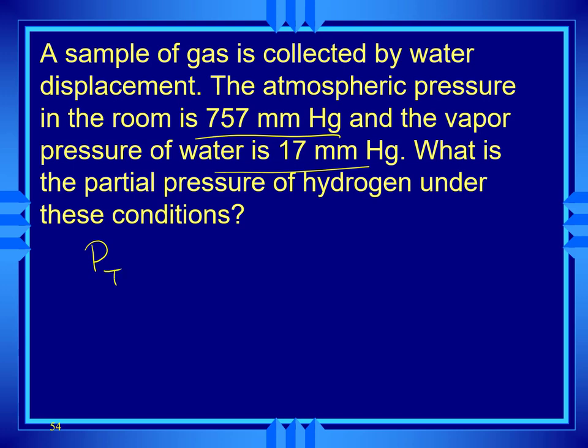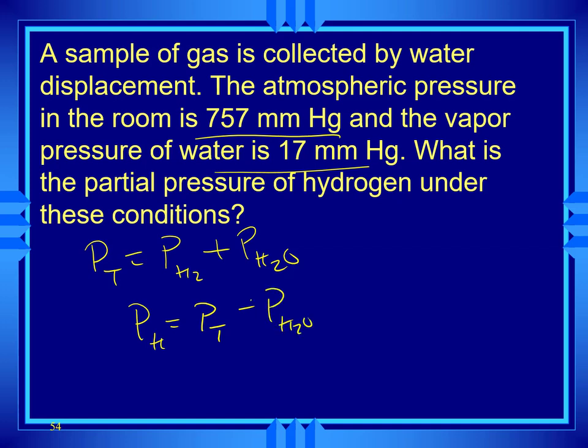Well, the total pressure equals the pressure of hydrogen plus the pressure of the water. Right? Apparently we've got 2 kinds of gas in there. So that means the pressure of the hydrogen would be the total pressure minus the pressure caused by the water vapor, the vapor pressure of water.